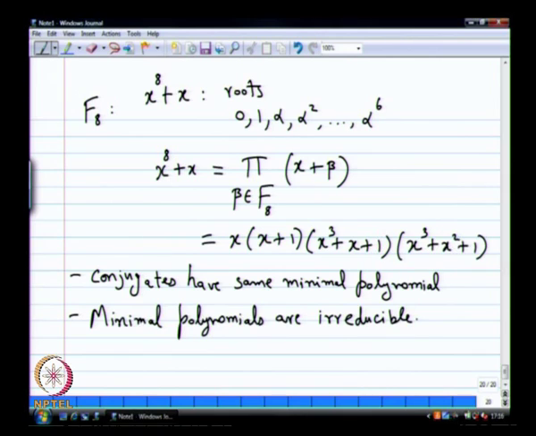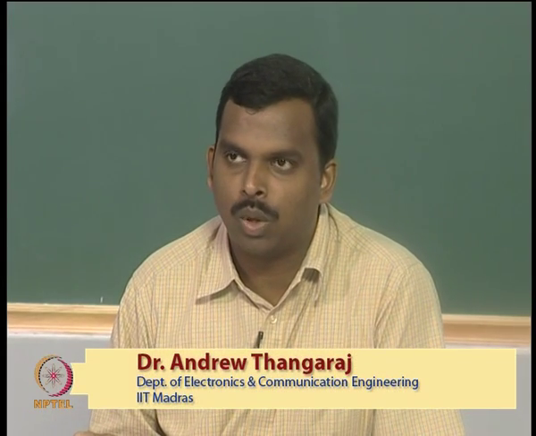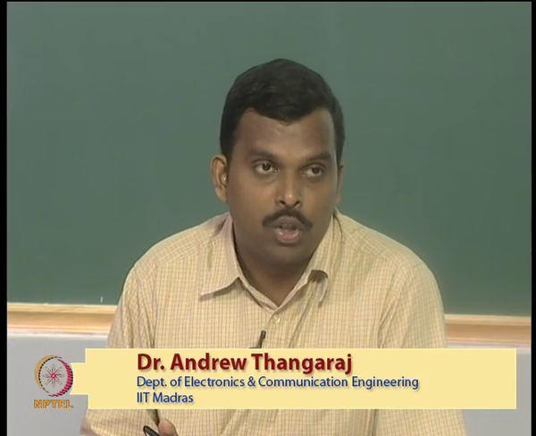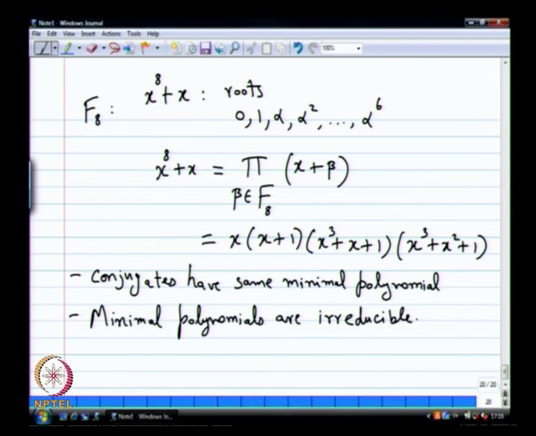You can write it as a product of two other things, and your element has to be the root of one or the other, which would have a strictly smaller degree, and that violates your minimality assumption in the definition of the minimal polynomial. So that is the way you prove it. So the minimal polynomials will have to be irreducible, and the conjugates have same minimal polynomial.